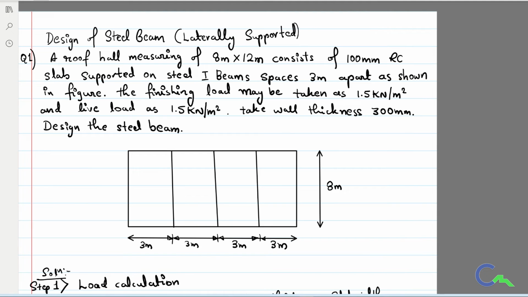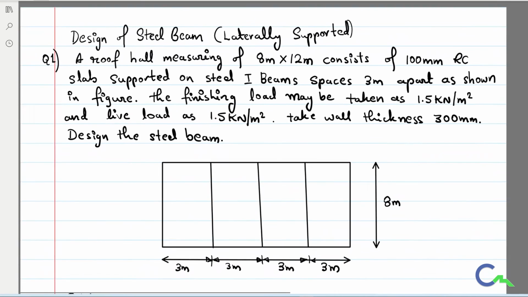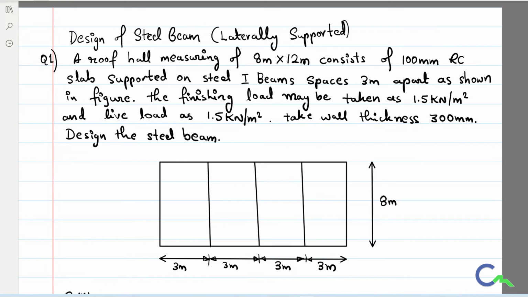As I said, a design problem can be asked in the second type, so we are going to do that now. Let us see how they are going to ask. A roof hall measuring 8 meter into 12 meter consists of a 100 mm RCC slab supported on steel I-beams spaced 3 meters apart, that is 3 meters center to center, as shown in the figure.